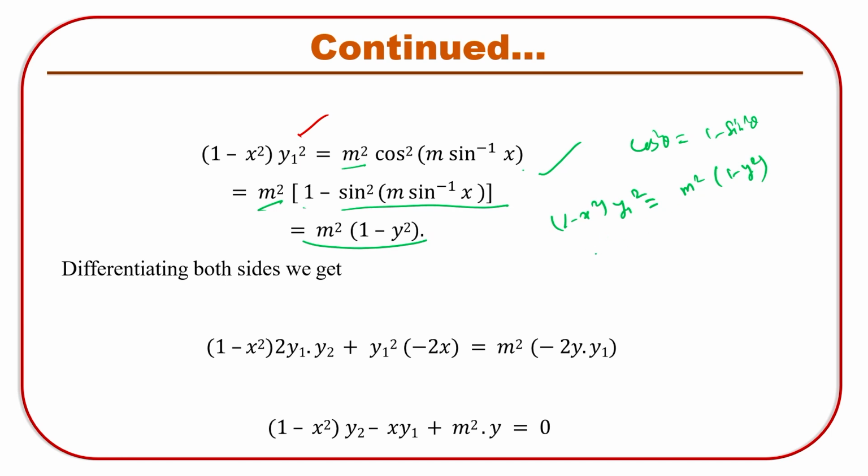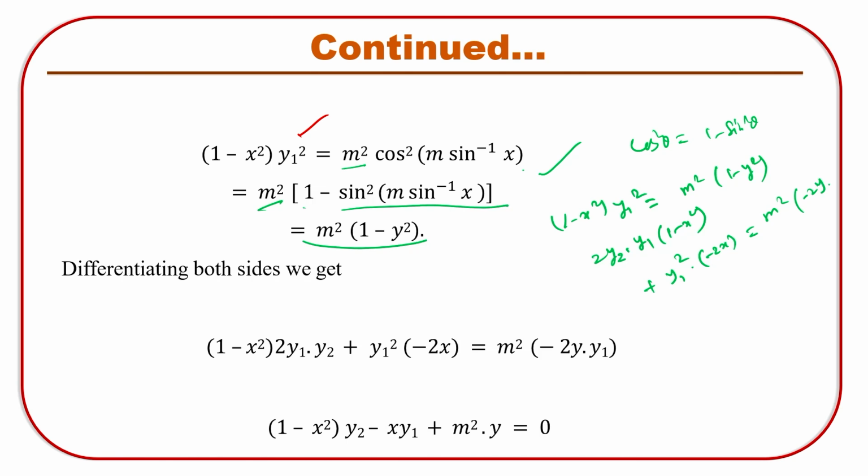This will give you how much? 2 into y2 into y1 into (1 minus x square) plus y1 cos square into (1 minus x square). This will become 2x is equal to m square into how much?